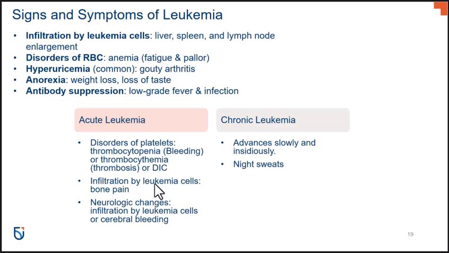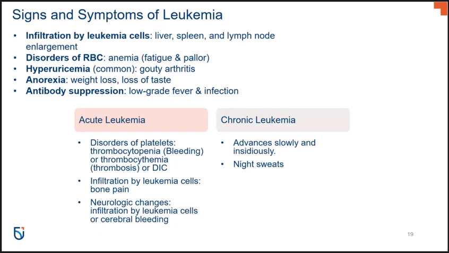There's also a condition that we'll talk about in a bit called disseminated intravascular coagulation, which involves widespread clotting throughout the body. I spoke about the bone pain already, but leukemic cells can also infiltrate the central nervous system and cause damage to the brain.